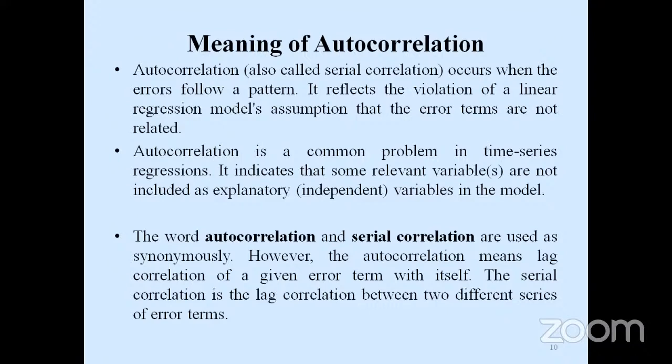So the words autocorrelation and serial correlation are used synonymously. However, autocorrelation means the lag correlation of a given error term with itself. Serial correlation is a lag correlation between two different series of error terms. See, if you are working in econometrics and run any kind of distributed lag models or autoregressive distributed lag models, you will encounter different kinds of problems: autocorrelation, multicollinearity or heteroscedasticity.